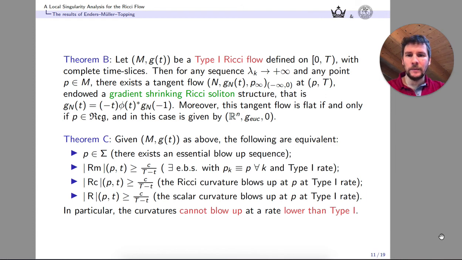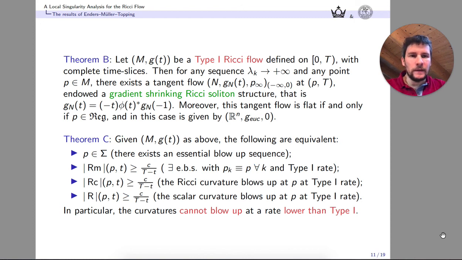A second theorem says that if we have a manifold as above, that means it's evolving by a Ricci flow, and we have a type 1 assumption, so important, we also here need a global type 1 assumption, then the following are equivalent. So P is a singular point.